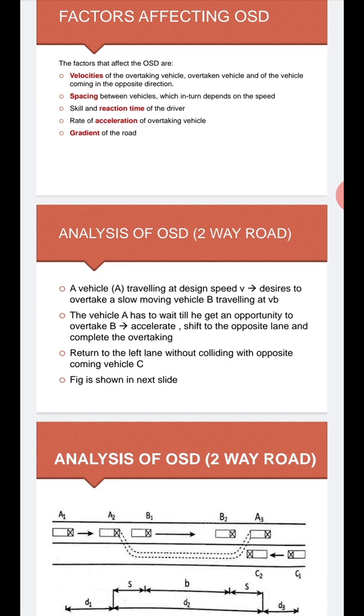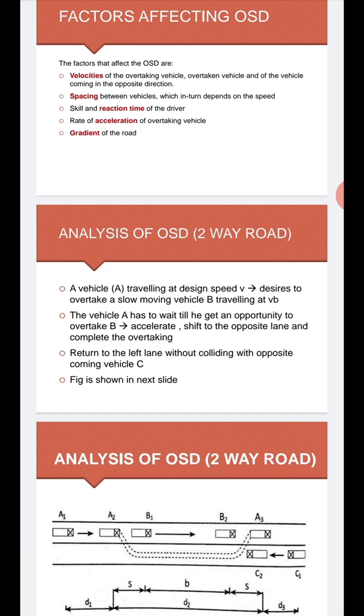If the driver is a learner, he will not dare to overtake. He will take more time and prefer much safer opportunities, where he sees there is no oncoming vehicle, and only then will he overtake. The same applies to the reaction time of the driver.